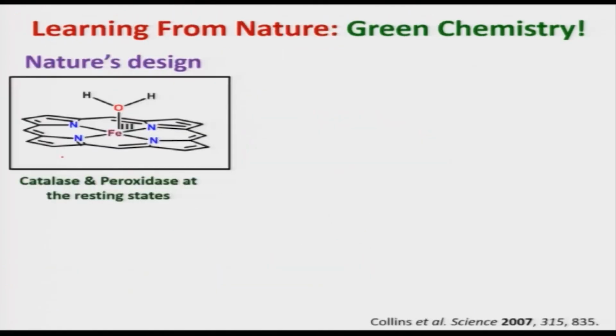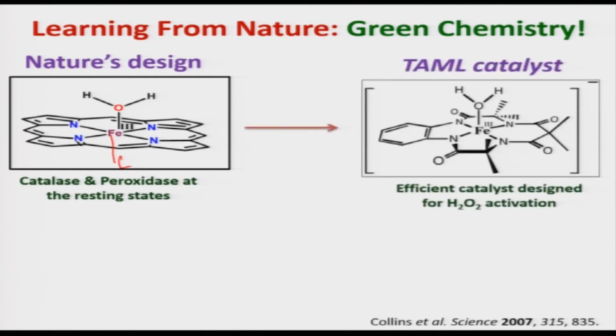This is the active site structure of catalase and peroxidase in the resting state with an axial ligand L. One of our friends from the US, Professor T.J. Collins, has learned from and been inspired by nature, and he made a catalyst called TAML, very similar to what is there in the catalase and peroxidase active sites.